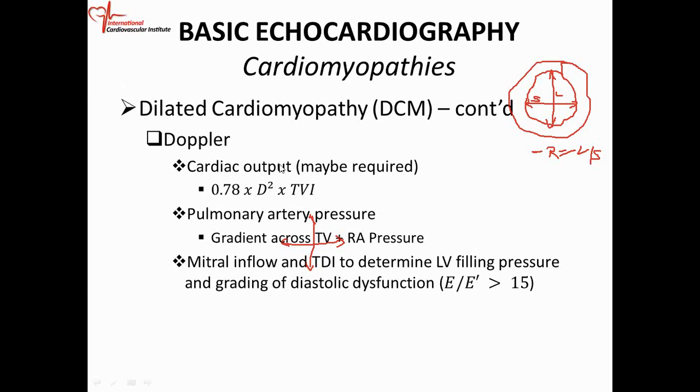Okay, so that is the stroke volume. And if you multiply your stroke volume times the heart rate, then you get cardiac output. So remember your definition. Cardiac output is stroke volume times heart rate. The stroke volume, that is the volume of blood pumped out of the ventricle per beat, is 0.785 times d squared times the LVOT TVI.